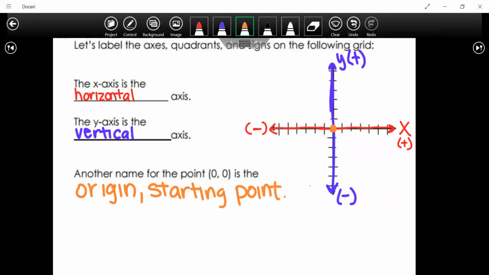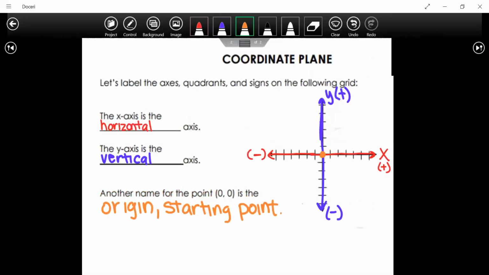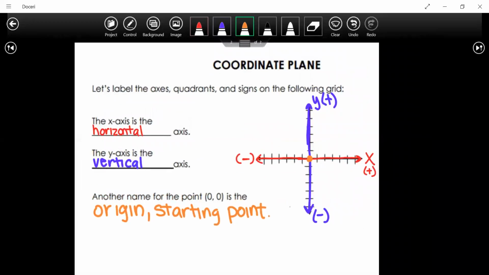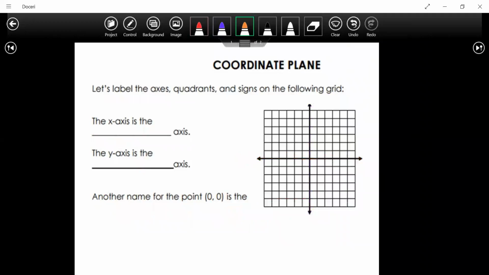Origin or starting point will be what you want to identify it as. We're going to talk about the quadrants in a minute, so I'm going to hold off on those. Quadrants are broken into 4. Can I continue? Okay, here we go.